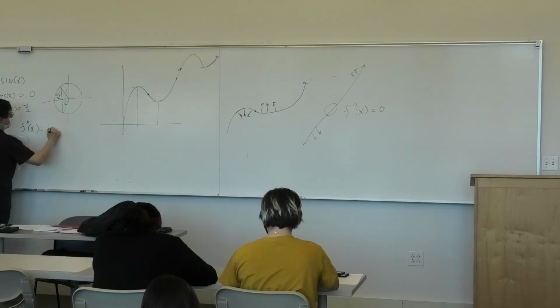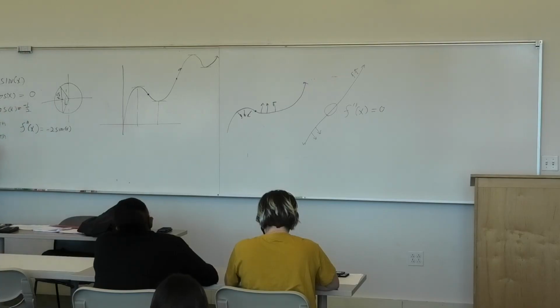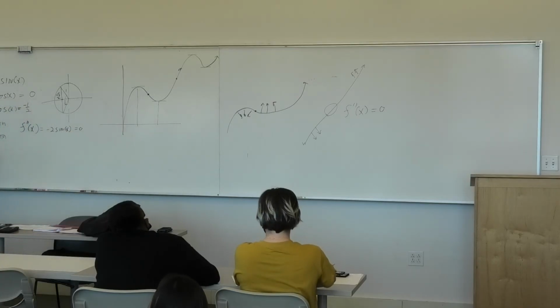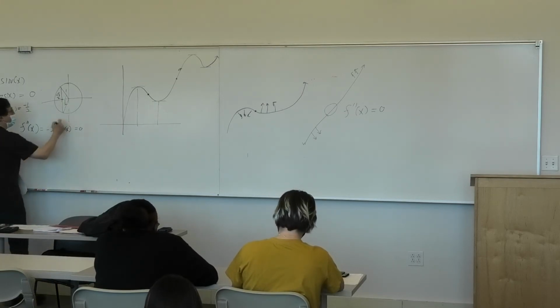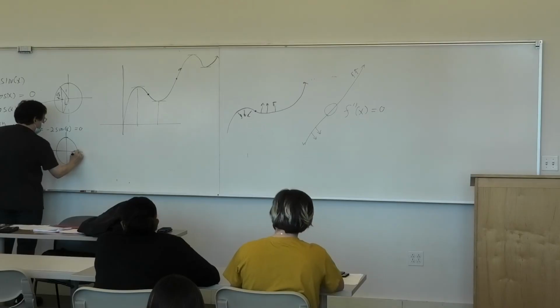It's going to be equal to negative 2 sine of x. And we want to know where that's 0. Well, where's the sine of x 0? I'll draw a diagram here.